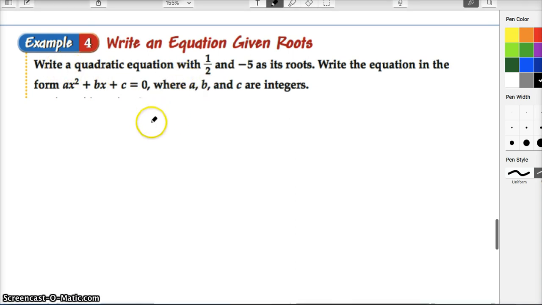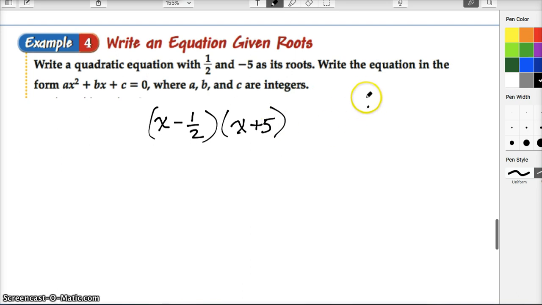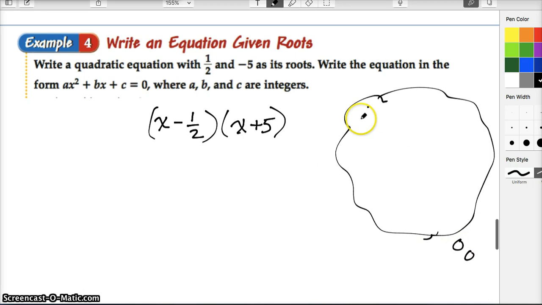And the quick and easy way to do this would be to say, let x minus 1/2 and let x plus 5 be the factors. Now, where am I getting this from? You remember when we were solving problems before that if we had something like, and I'm just going to thought bubble us for a second, and if this makes sense, you can kind of speed through this point.